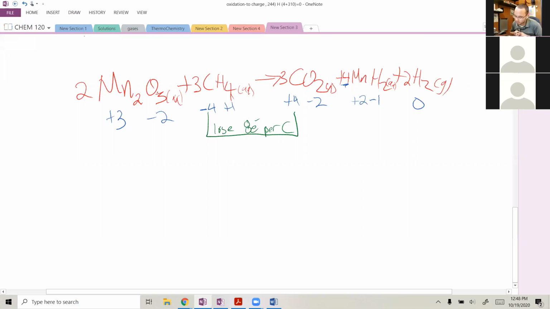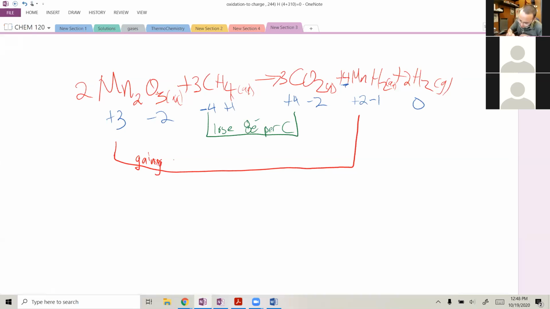What about reducing? What element is reducing in this equation? Manganese, right? We got +3 going to a +2. And so this one is gaining. And how many electrons is it gaining? 1 electron for each manganese, Mn.